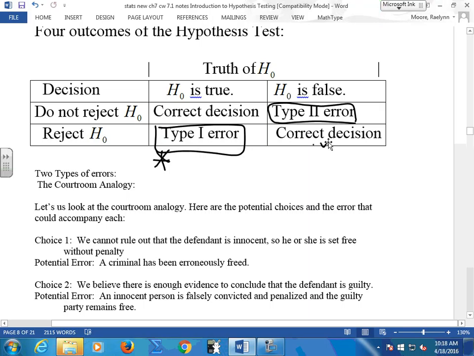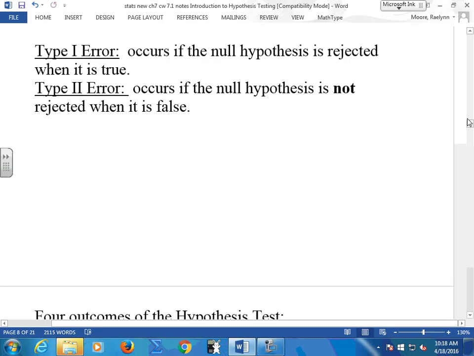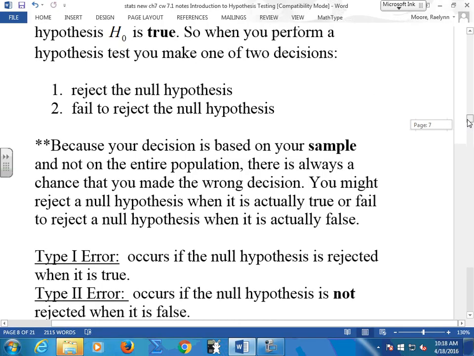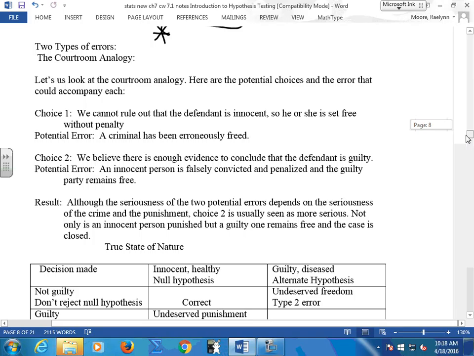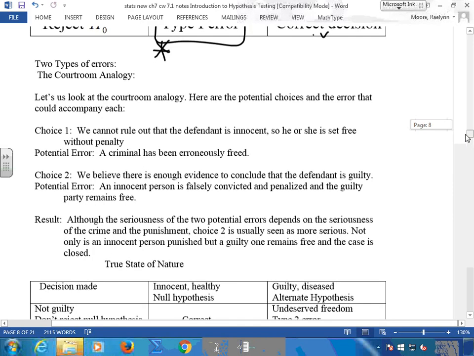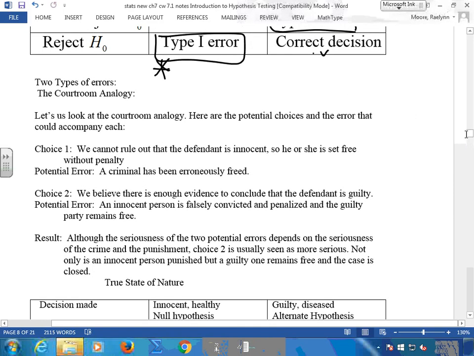So there's certain errors that we look at for type 1 and type 2. And again, really it's a whole course in itself trying to decide which one is worse. And it kind of depends on your scenarios. Like I have a few that I wrote out that hopefully will explain it a little bit better.